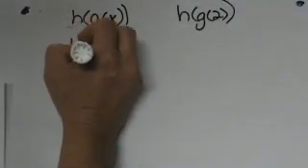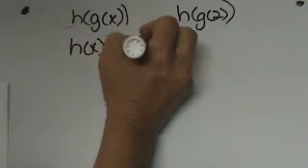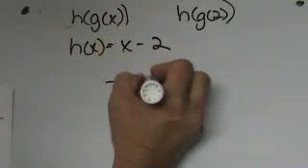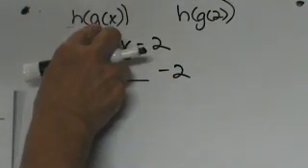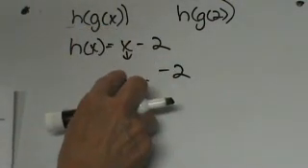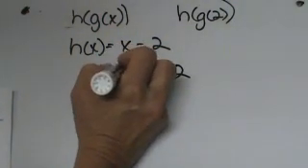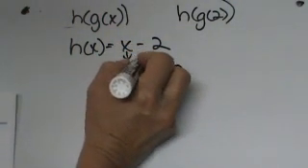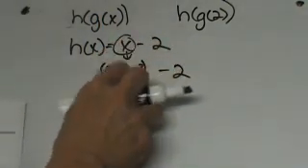So my h function is equal to x minus 2. Well, I'm going to leave a big blank where this x is, and I've got to put the g function in where that x is. My g function is 2x minus 3. So I have taken my g function and I've plugged it in for x.